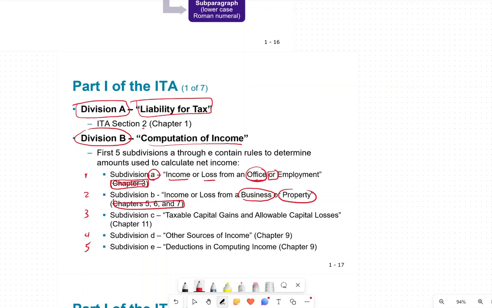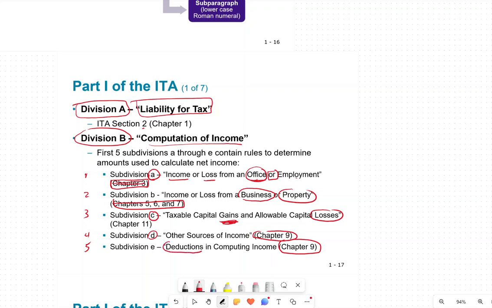B is business and property. C, if you have a property that you sold, you have a gain, and that is a taxable capital gain. We don't pay taxes on all the gains, and if you have any losses, you are allowed to deduct the loss from those gains. And D is your other sources of income. We'll be talking more about it in chapter 9.